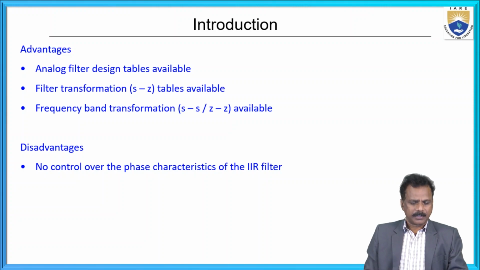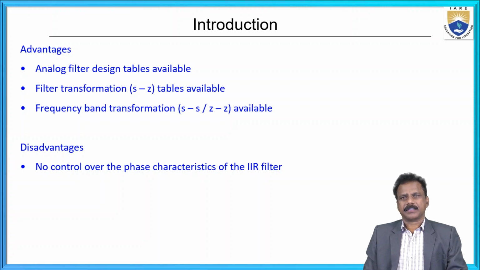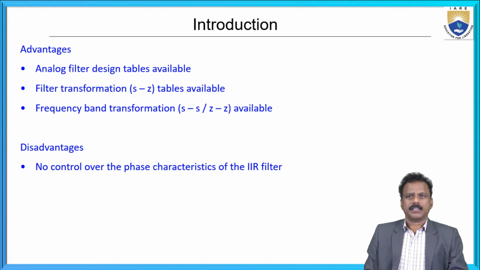You will observe the major disadvantage: no control over the phase characteristics of the IIR filter. We have to justify, analyze, and be specific about the phase characteristics of the IIR filter, but that facility is not there. This is a major drawback in the IIR filter.